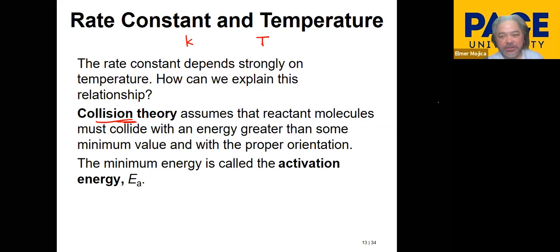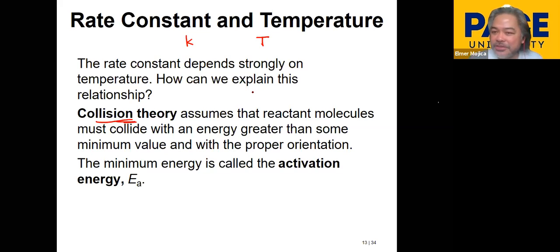We all know from the gas law or the kinetic molecular theory that as the temperature increases, the movement also increases. So the higher the temperature, the greater the movement of the reactants, and the higher the probability of collision.